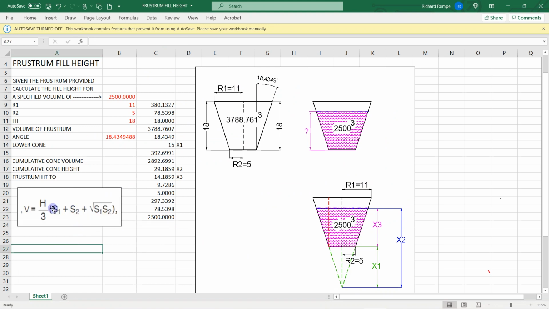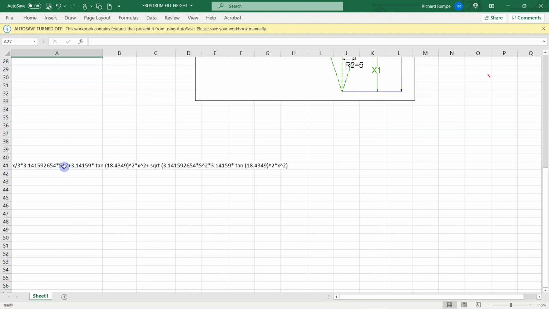The problem is if you don't have the height, say you have the volume, the angles and the bottom radius, but you don't know the height. It's a lot of tricky algebra to figure that one out. You'd have to take this and solve for x, where this is all equal to 2500 in this case.